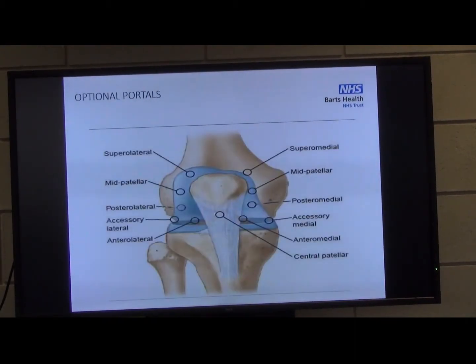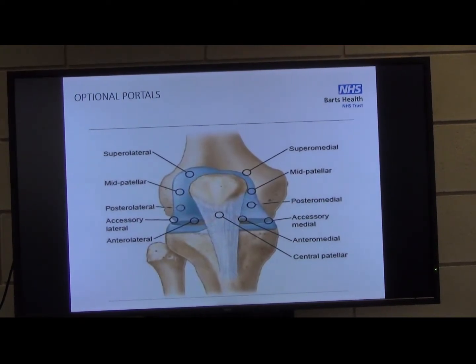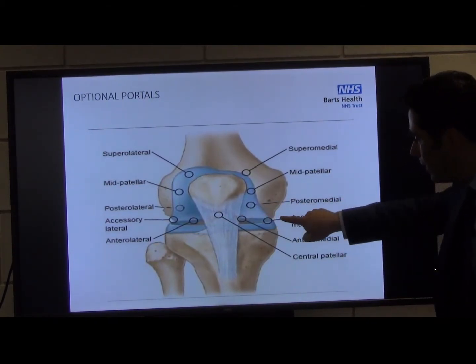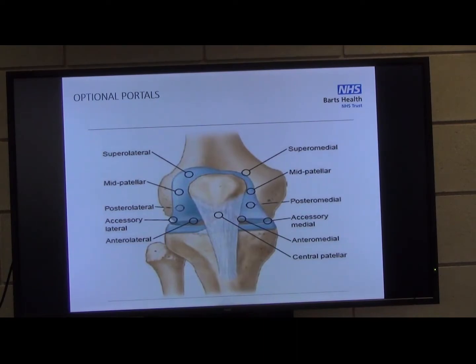So these are the standard portals. There are many described additional portals that you can utilize for more complex operations. So if you're repairing meniscal tears or doing multi-ligament reconstructions, you can use these accessory portals. I routinely use an accessory anteromedial portal for my ACL reconstructions, so I'll have a far medial one as well.